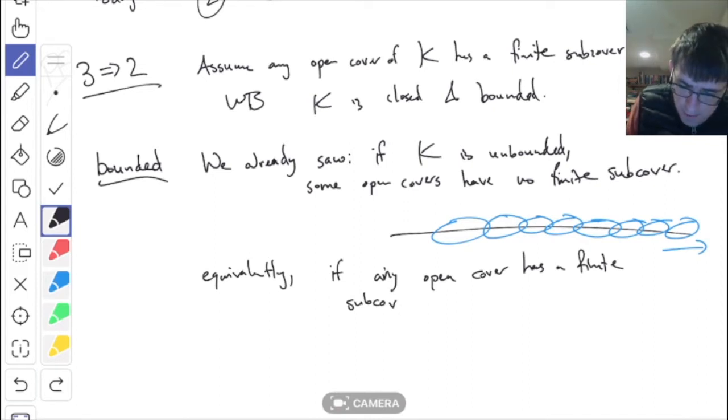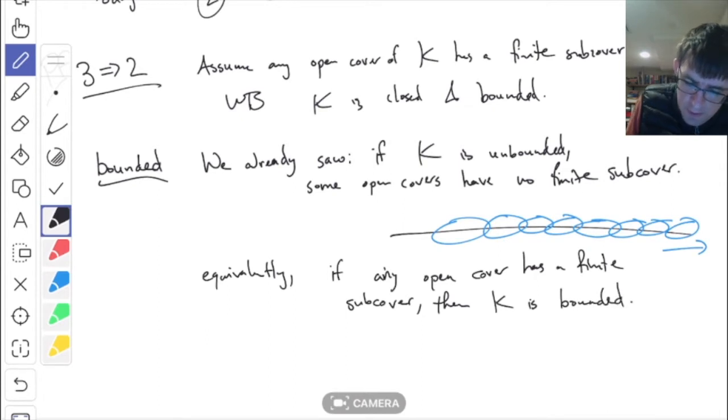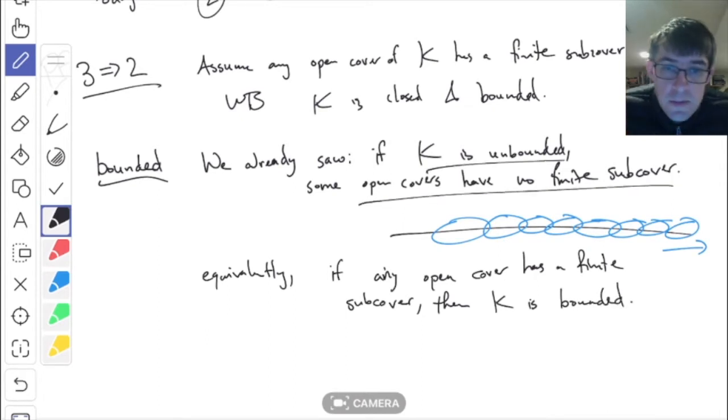We said if K is unbounded, then some cover has no finite subcover. The contrapositive is if every open cover has a finite subcover, then K is bounded. And that's what we wanted to show in this step.